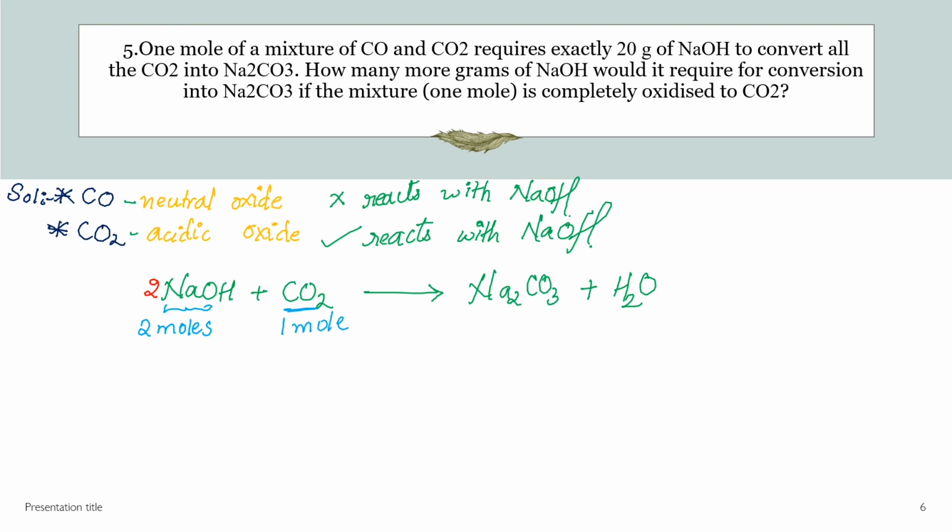In the question, they asked how many more grams of NaOH are required for conversion of CO2 into Na2CO3. Okay, here let's write it. What is the molar mass of NaOH? It is 40 grams, right? So 2 into 40, that is 80 grams.